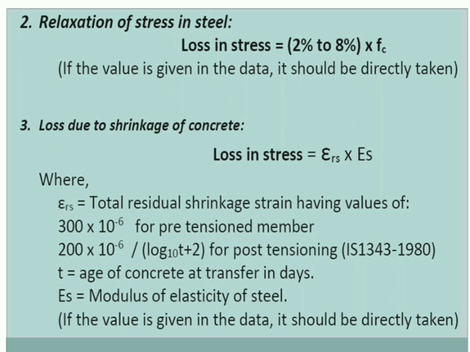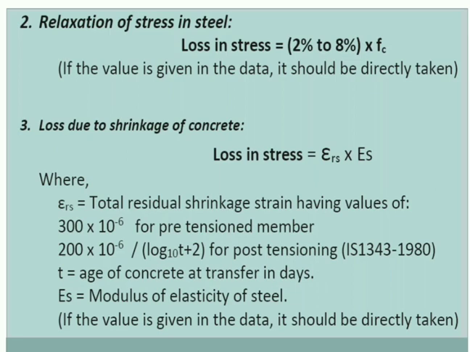Then next is loss due to shrinkage of concrete. What shrinkage is, we have explained in the regular lectures. So here I'll just go through the formula. Loss in stress is given by epsilon Cs into elasticity of steel, because it creates losses in the steel. The stress is lost because of shrinkage of concrete.